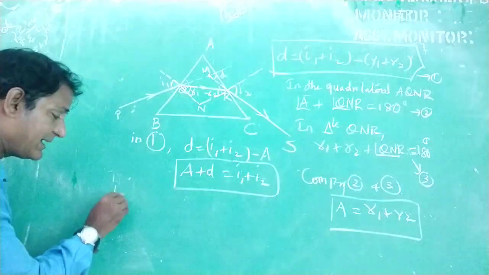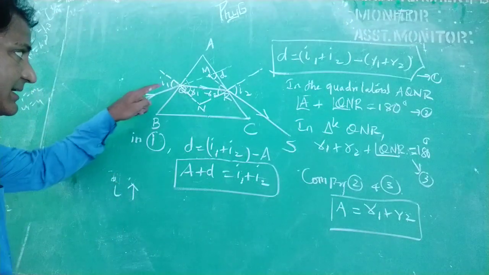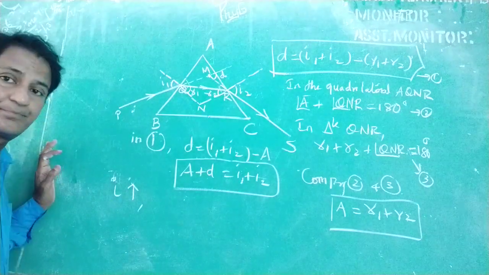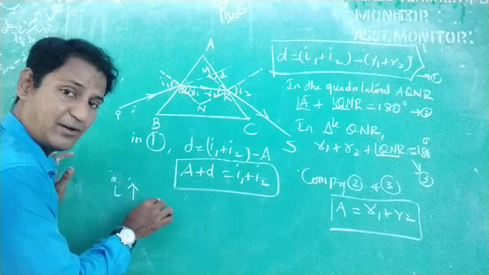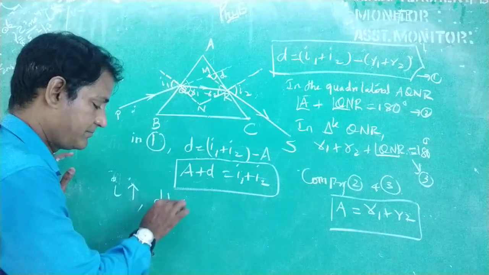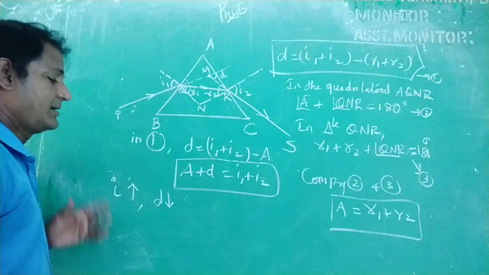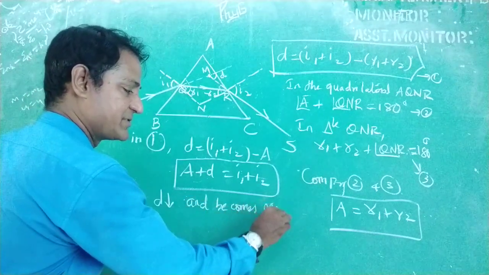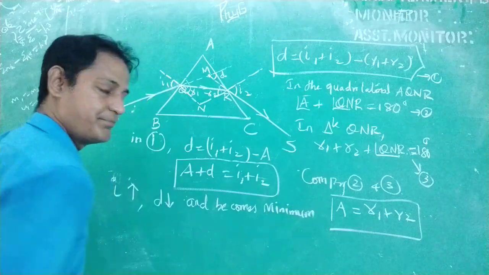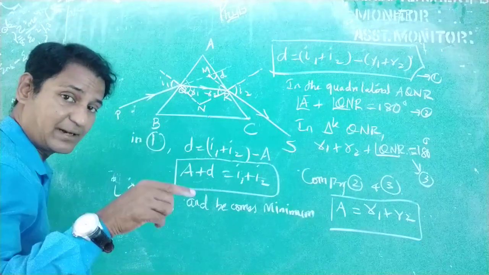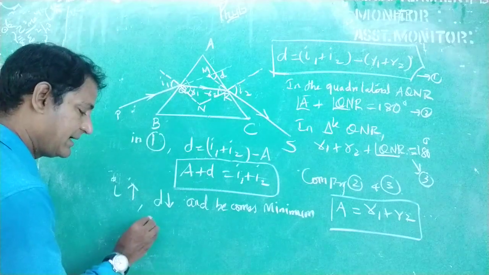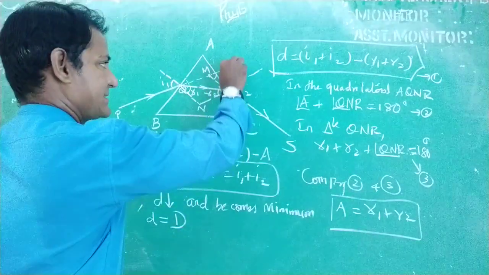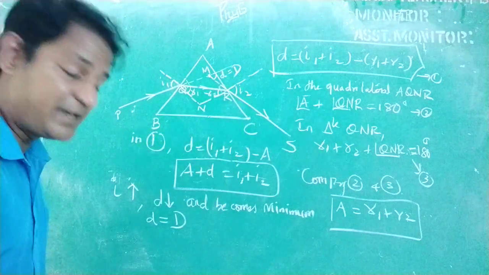As I increase the angle of incidence I1, the angle of deviation decreases and becomes minimum at a particular angle of incidence, and it becomes D is equal to capital D. This capital D is called the angle of minimum deviation.